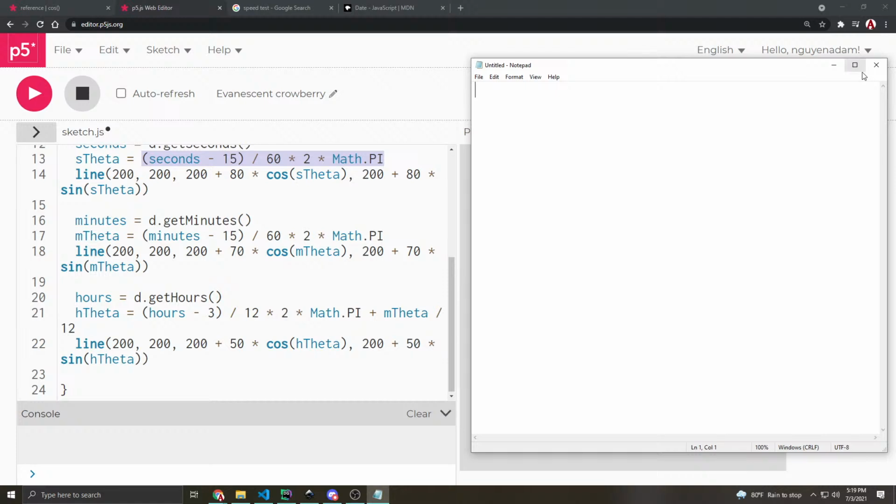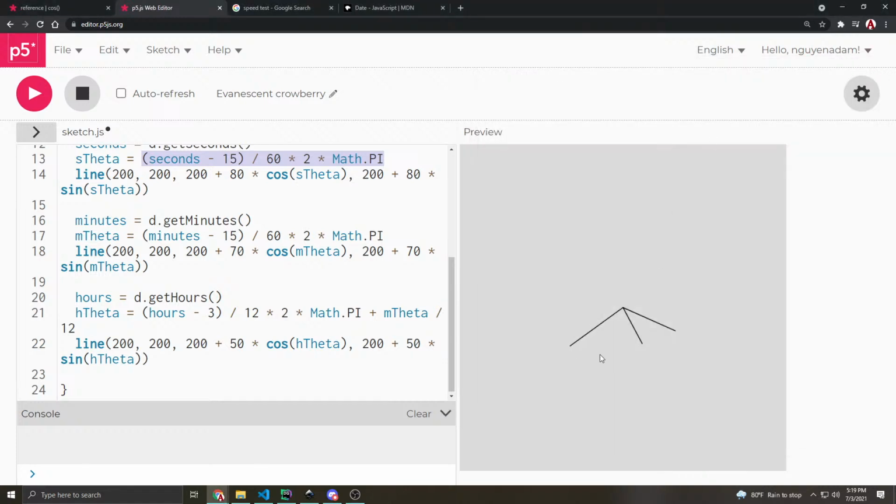If this is the minute hand, the long one that's not moving, and it moves halfway, then it has moved pi radians from the vertical.